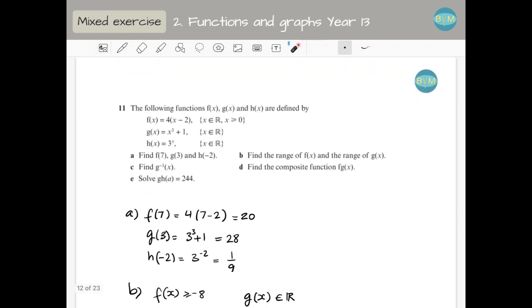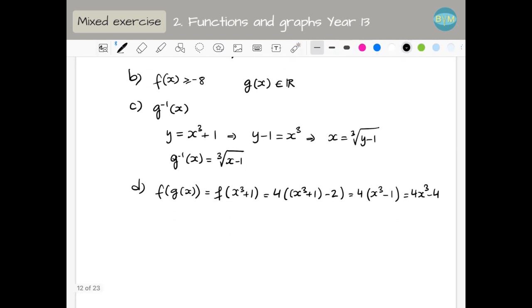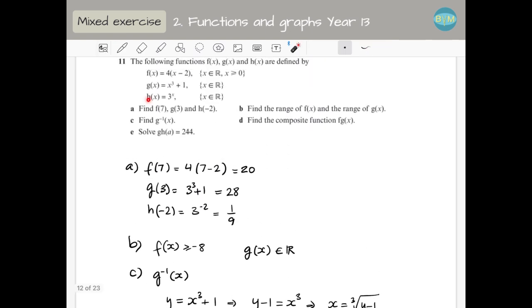And now for the last one, solve gh(a) equal to 244. So we are going to find g of h(a), and we are going to make that equal to 244. So h(a), when x is a, is 3 to the power of a.